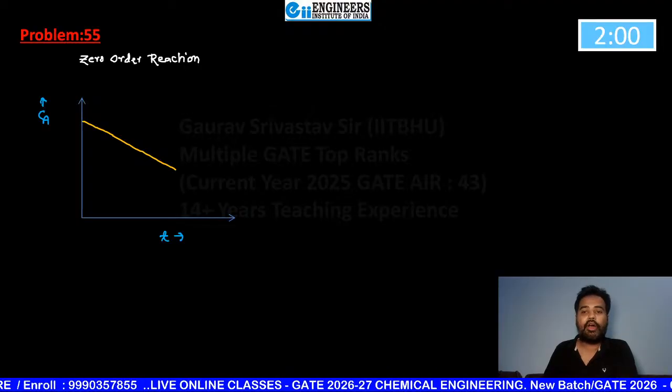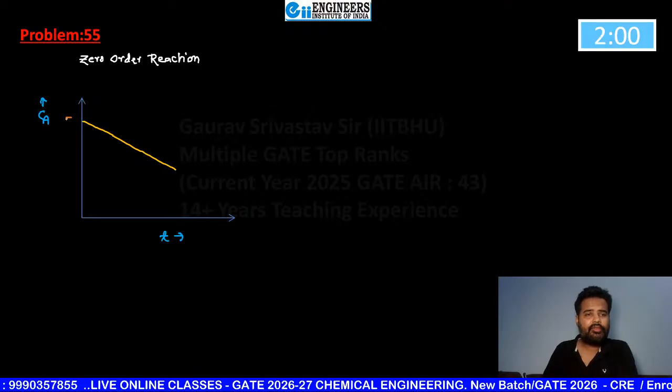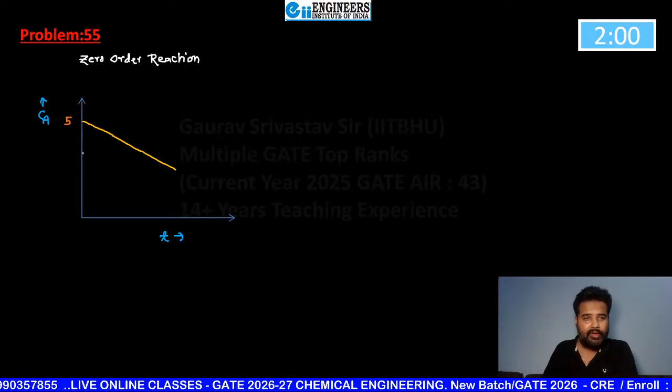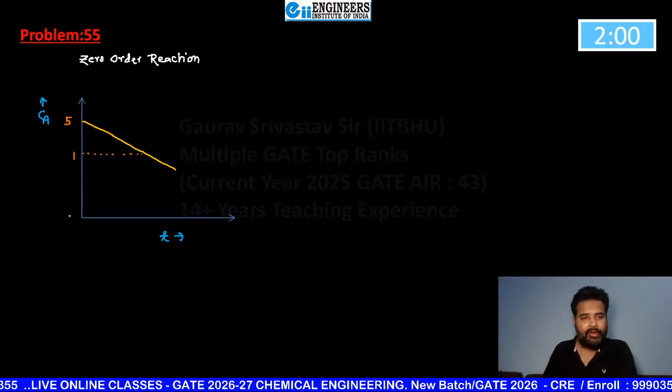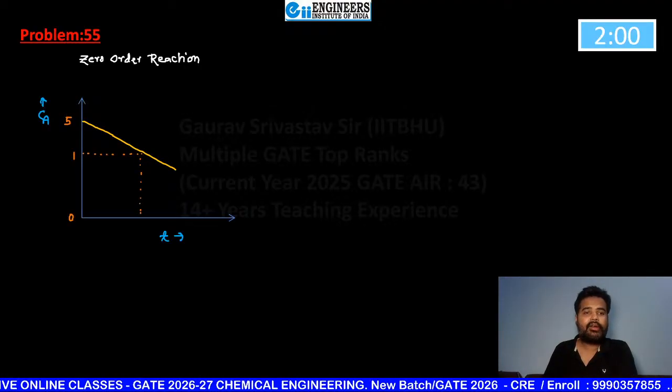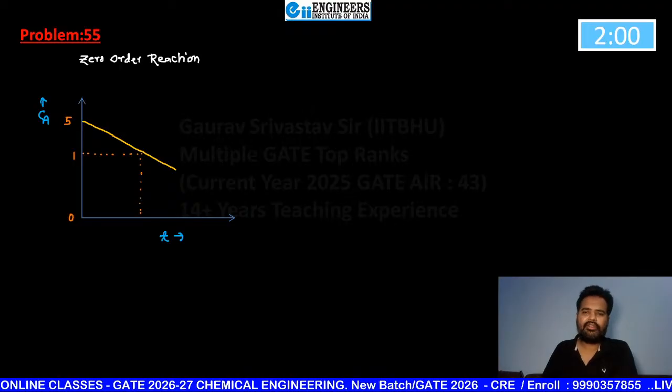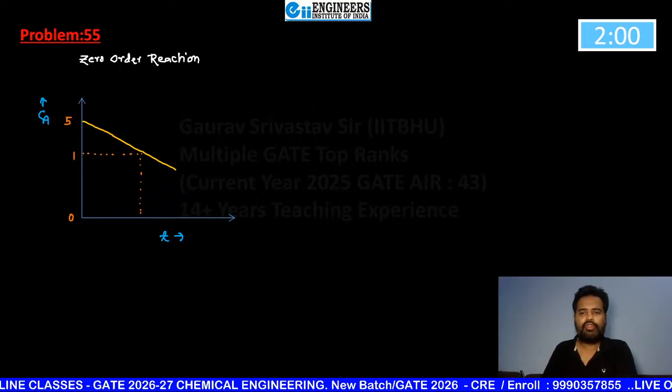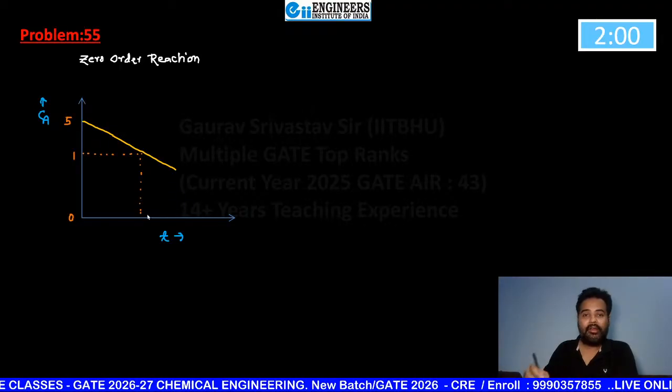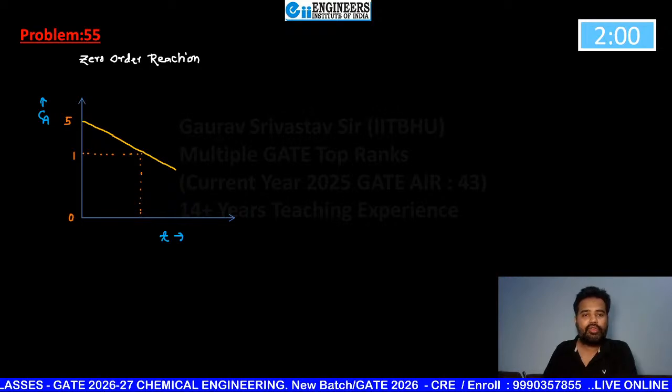Now here it is given as 5, and some intermediate point is also given. It is 1, and it is given as 0. This graph is given in your examination, suppose. And here it is 0 and here 2.